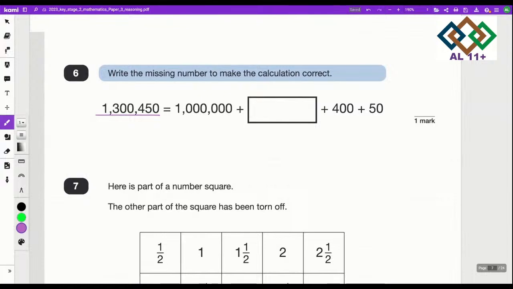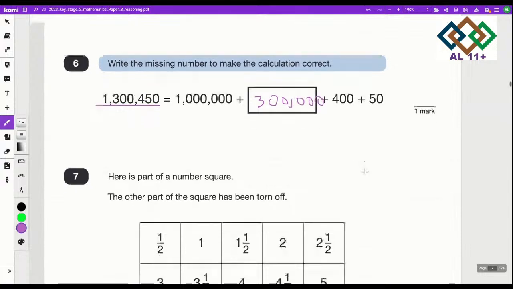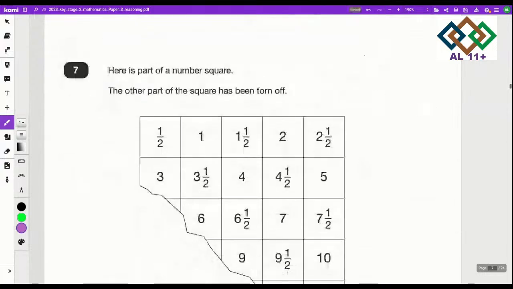So basically, you could just do 400 plus 50 and then take that away from 13000450 and then find your answer. So your answer for this one would be 3000000. So that's the answer for this one.